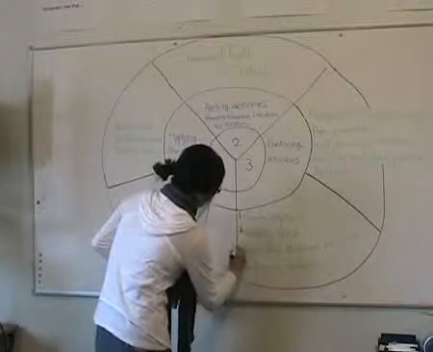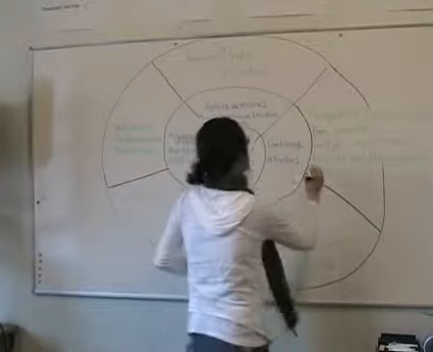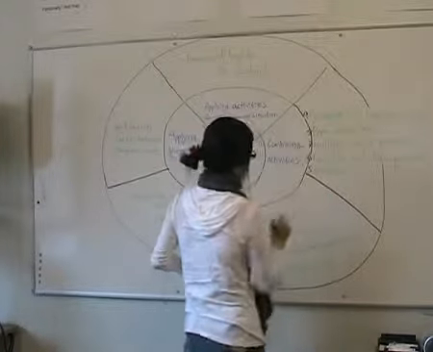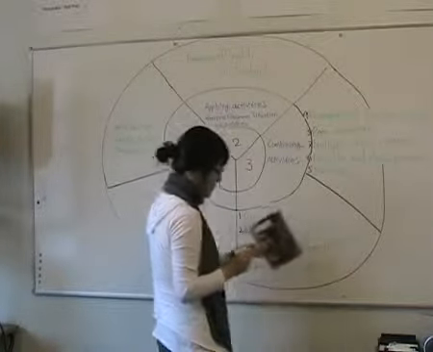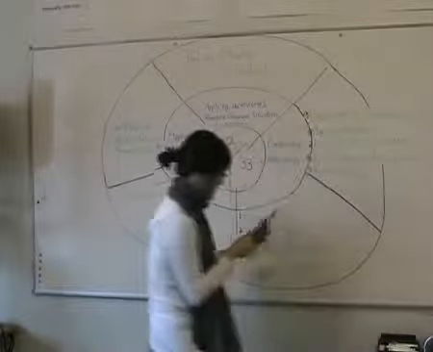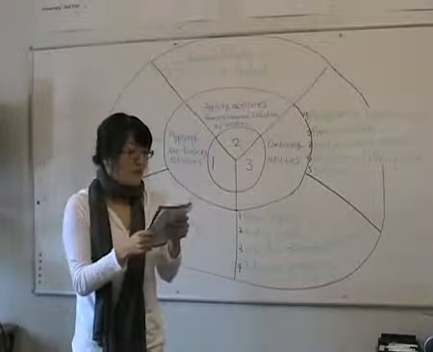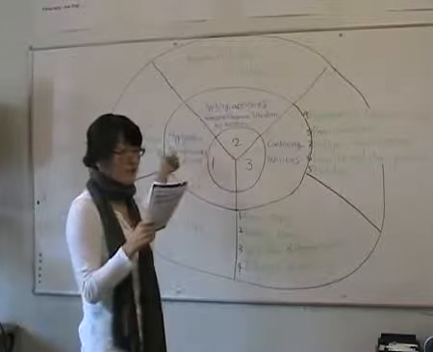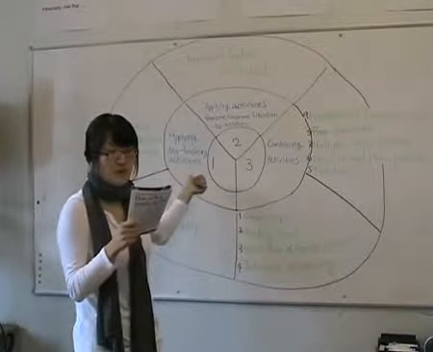Now I want to put numbers on these activities. 1, 2, 3, 4, 5, 6, 7, 8, 9. Where's the 10? Sorry, I missed one. Anyway, now I want you to match the numbers you thought of at the end of the last section.